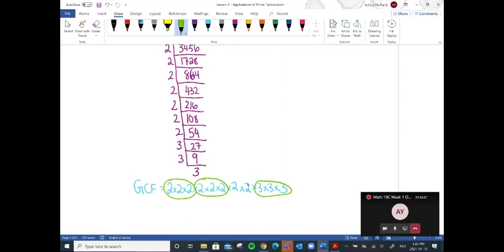Because there's not a third 2 with those 2 2s, I can automatically say that this number, 6,912, is not a perfect cube, because all the numbers don't nicely work out into groups of 3.